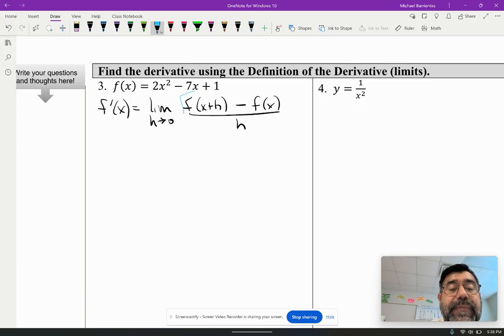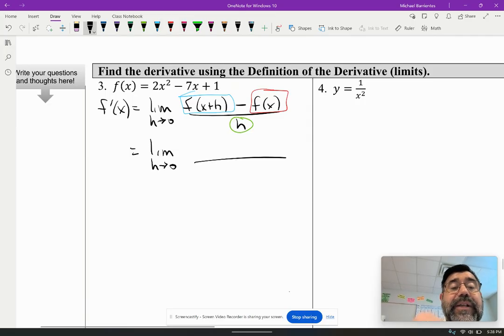There's this term, there is this term, and there's this term. The h never changes. The f of x changes depending on which function you're given, and the f of x plus h changes depending on which function you're given. So when I go to the next step, I can, with all confidence, say that the denominator is h.